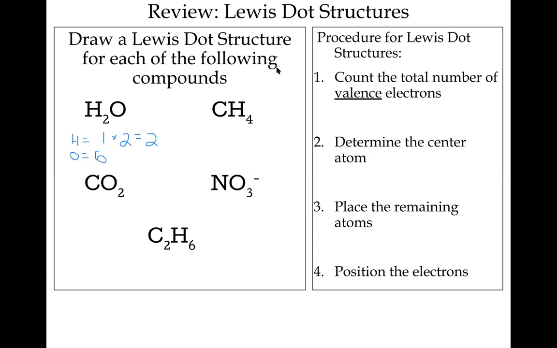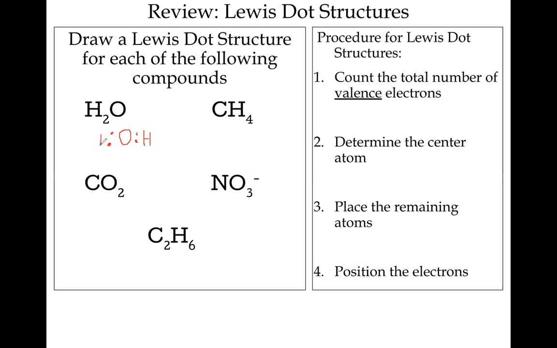All right, so in this case, oxygen, I like red. Oxygen is our center atom. And then we have that bound to a hydrogen. It's supposed to be dots. Right here, 2.